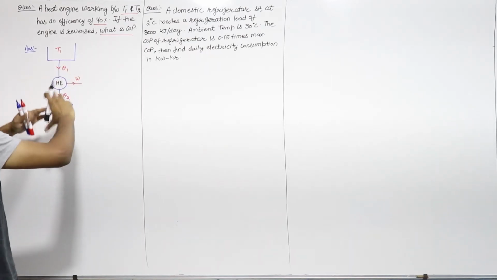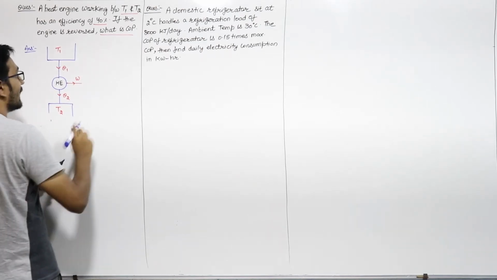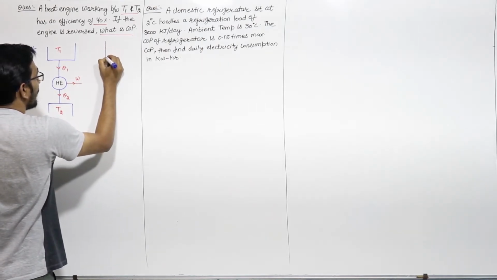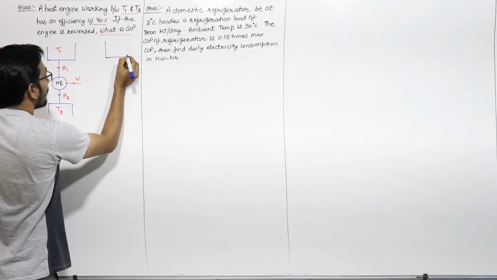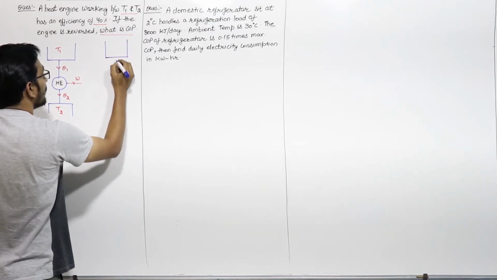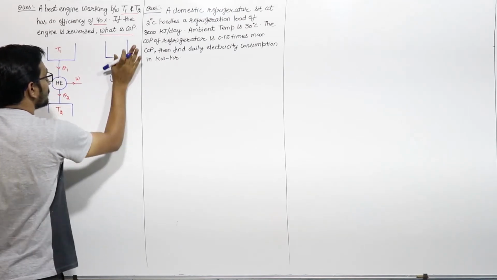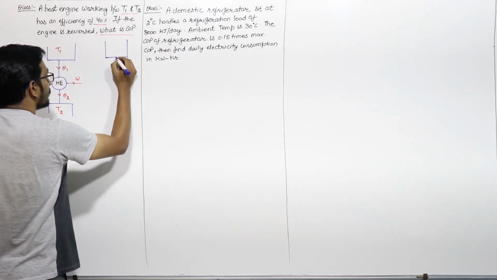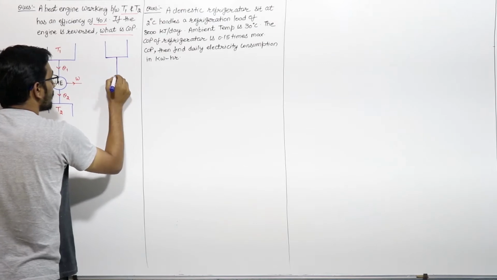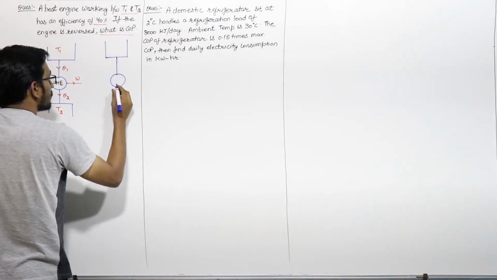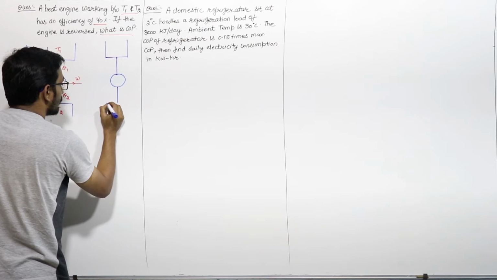If I reverse this, suppose I make this diagram once again. Suppose this is a reservoir T1, some cycle is there, and this is a reservoir T2.